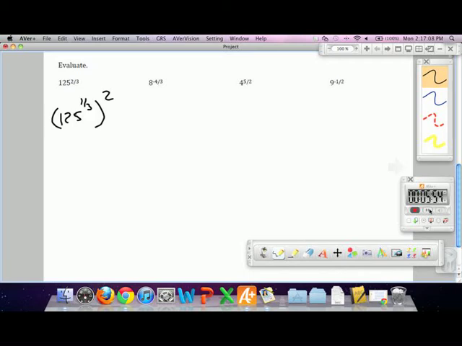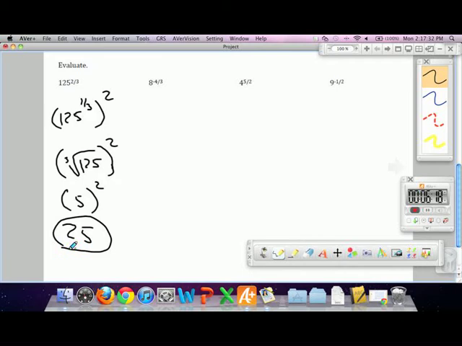The third root of 125 is 5, so what's 5 squared? 25. Without a calculator, you could find the 2/3 power of 125.